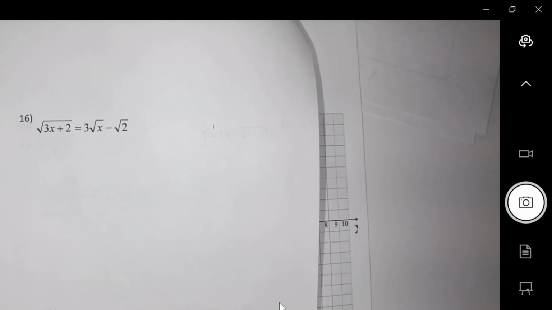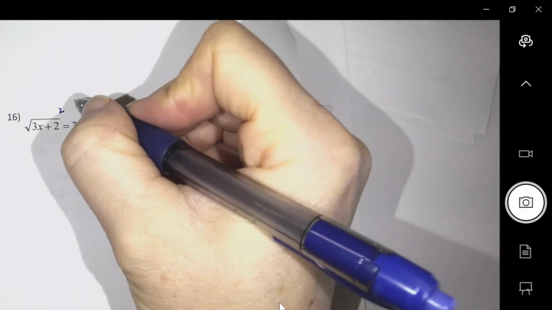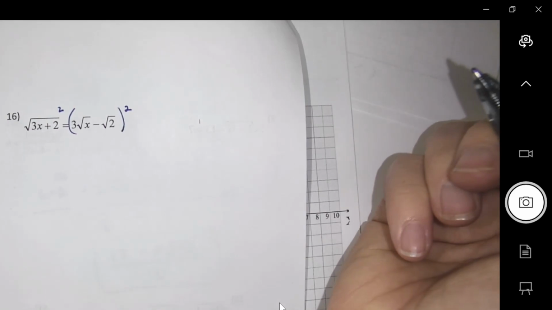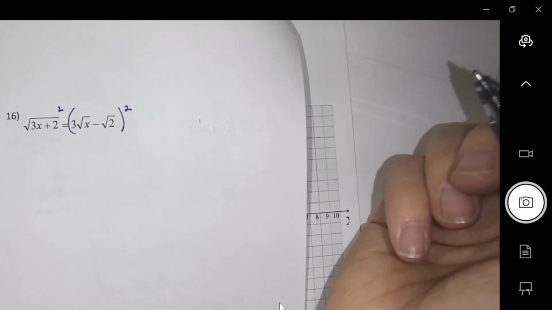Okay, let's do number 16. Number 16, we're going to square both sides. You ready? I'm going to square, and then on this side, I'm squaring the whole side, which is a unit.